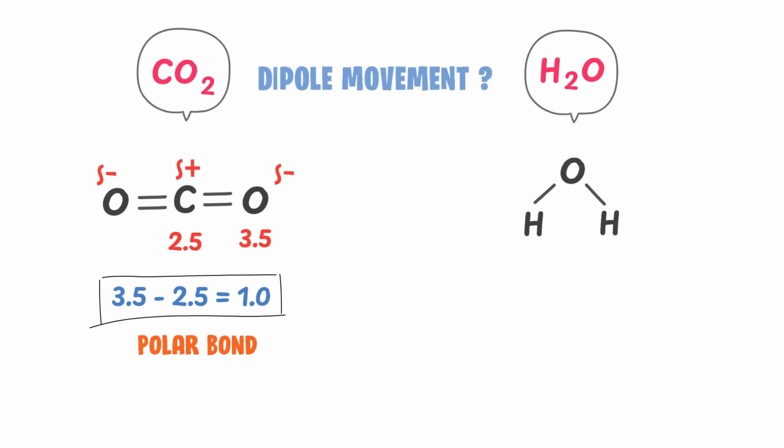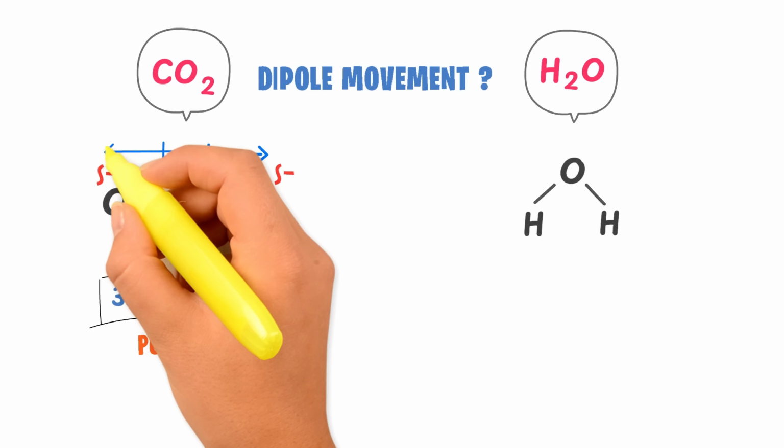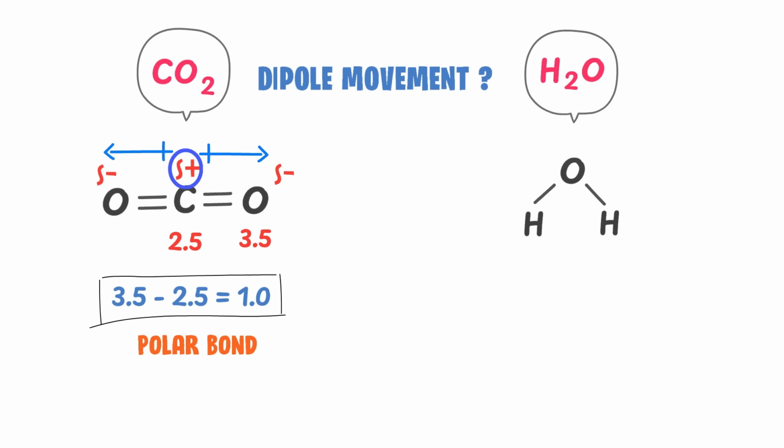What about the dipole moment of this molecule? Well, the dipole moment is basically like an arrow that starts from the partially positively charged atom and points towards the partially negatively charged atom. Remember that dipole moment is a vector quantity.